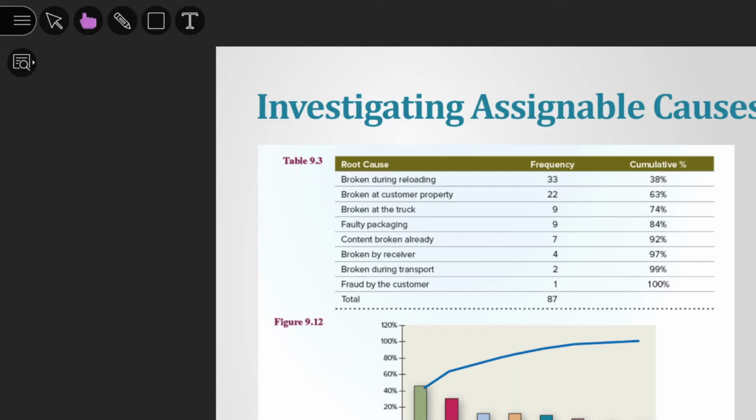Now, if you look at the graph and take the horizontal line at 80%, you will see that the first 3 causes generate 80% of the problems. Can you see that? I hope so. Yes.